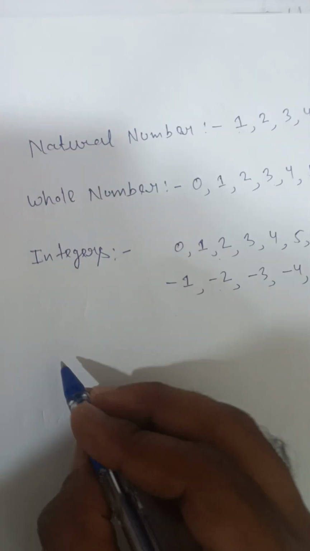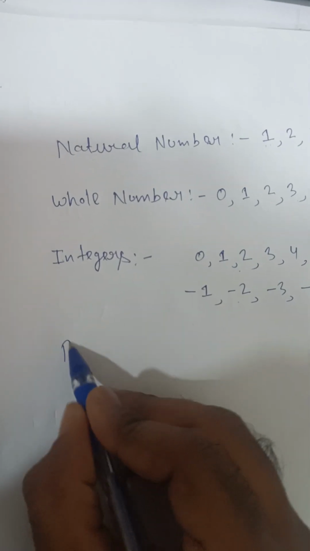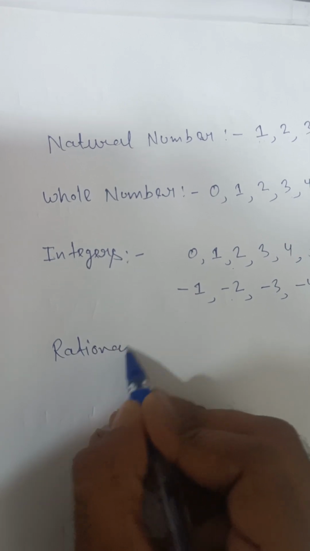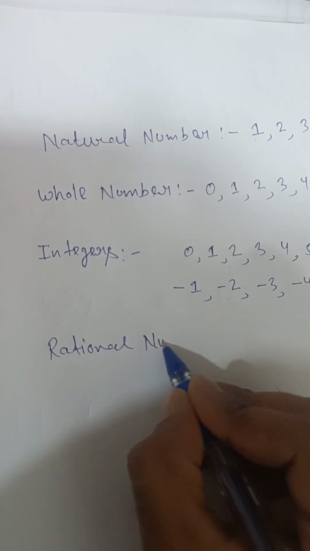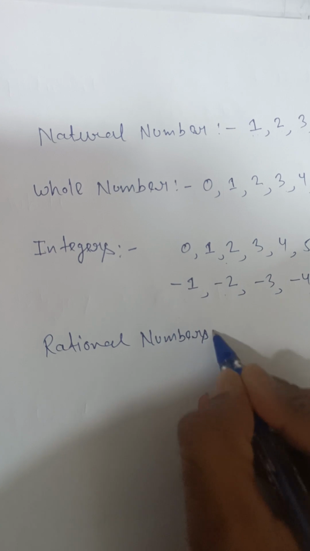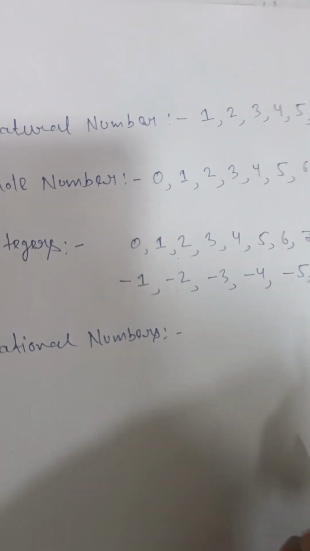Now what is a rational number? The definition of rational numbers comes from the definition of integer. So what is a rational number?